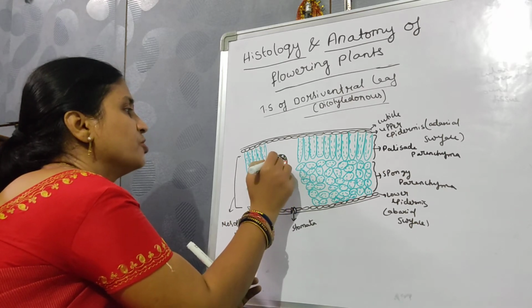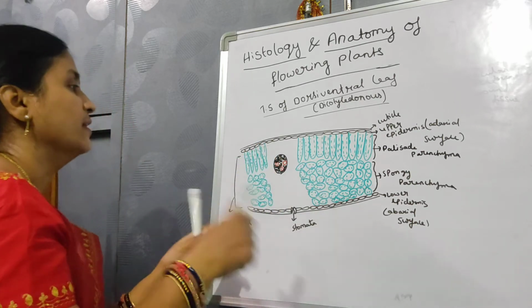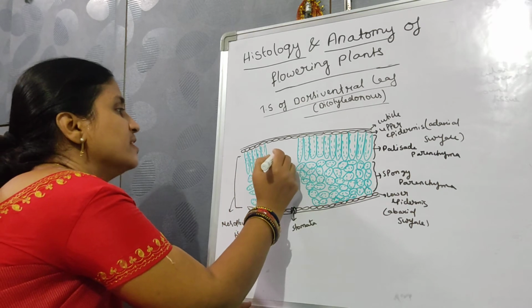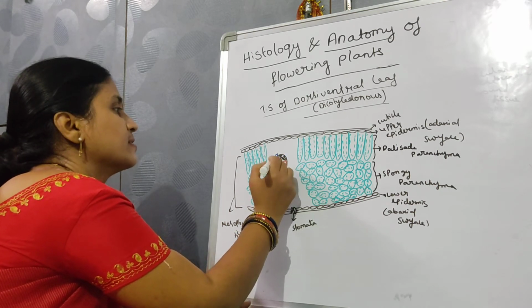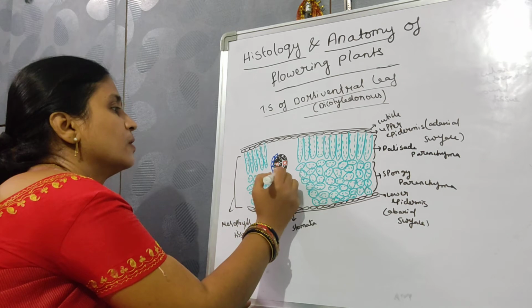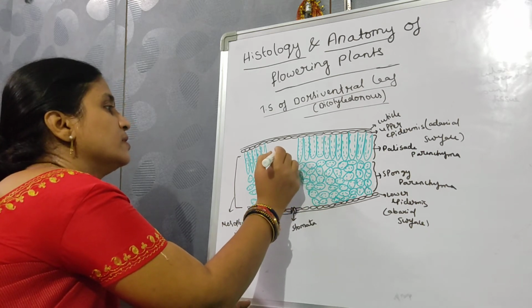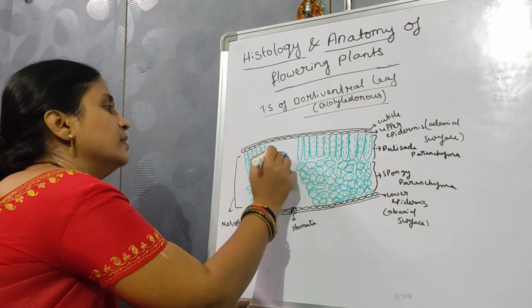They are the vascular tissues. These are surrounded by the bundle sheath cells, like this. These are the bundle sheath cells.